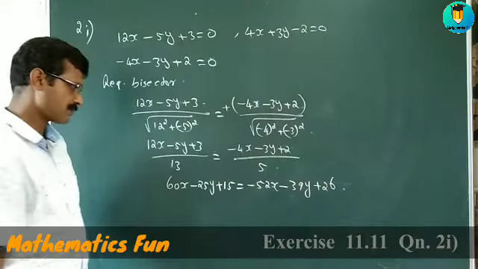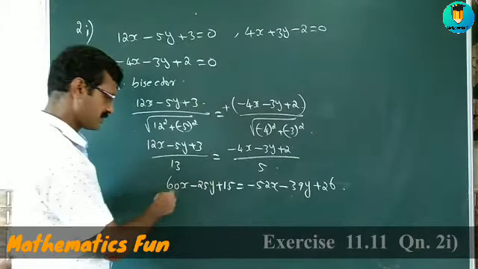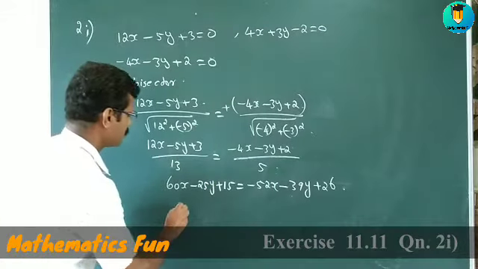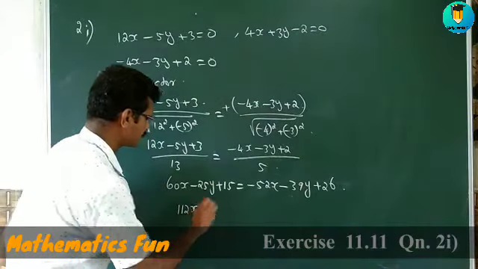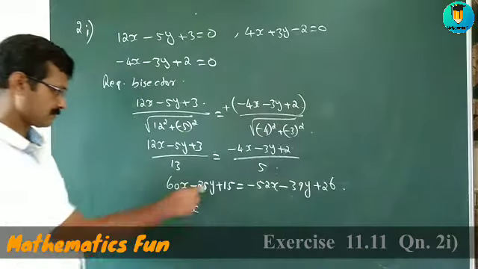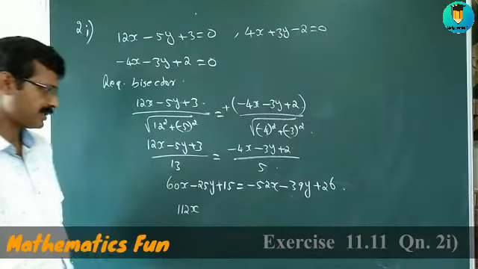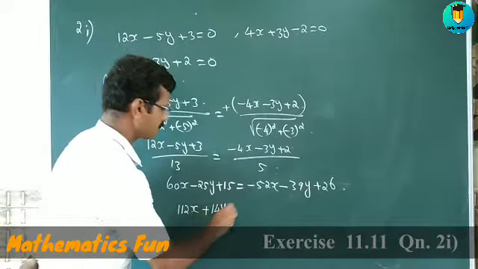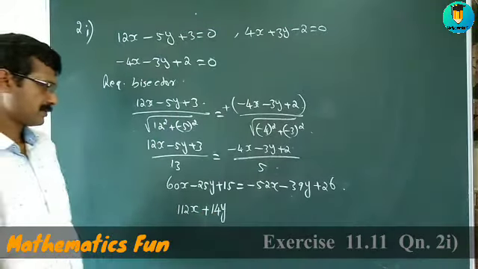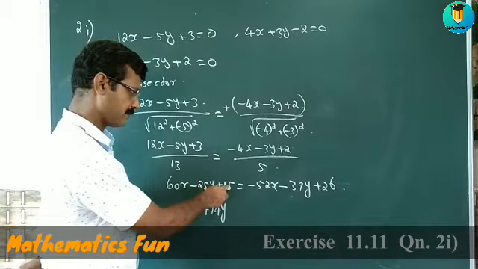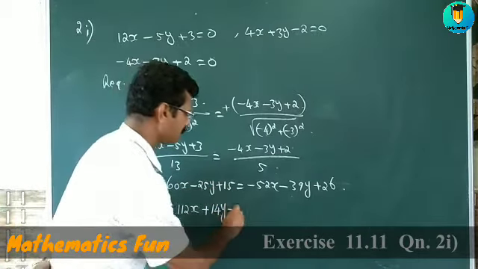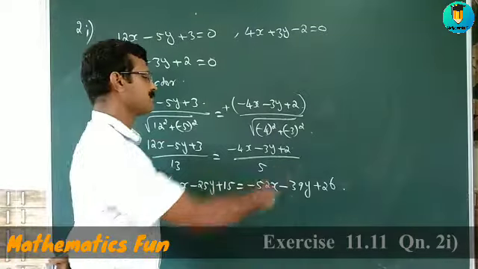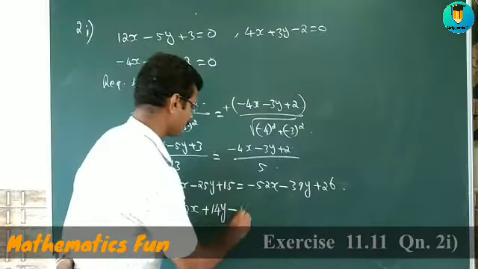Now group all terms to one side: 60 plus 52, 112x, plus 14y, and bringing 15 here, minus 15 minus 26 is minus 11.